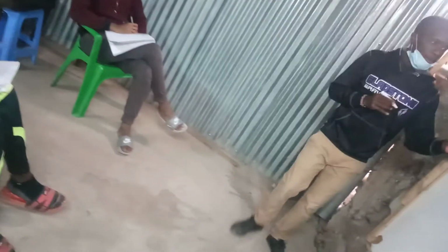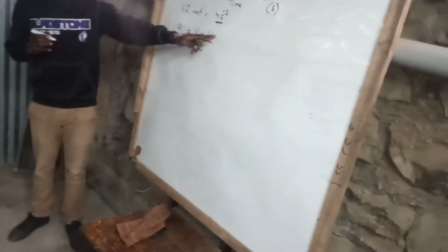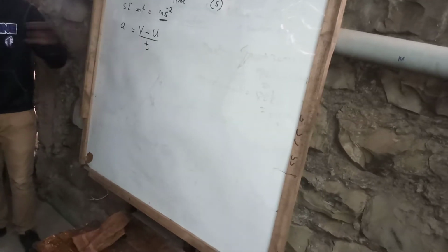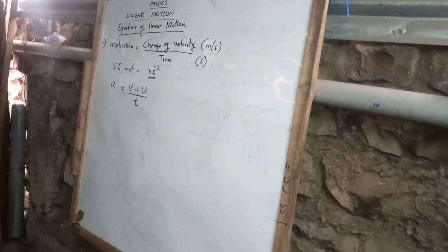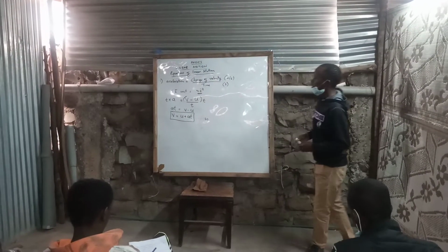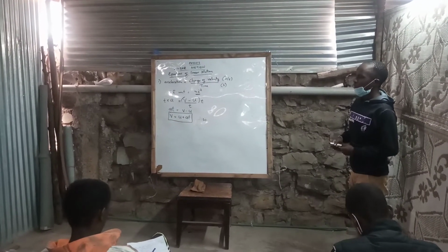So always remember these points. V represents final velocity, u represents initial velocity, a represents acceleration, and t represents the time interval.